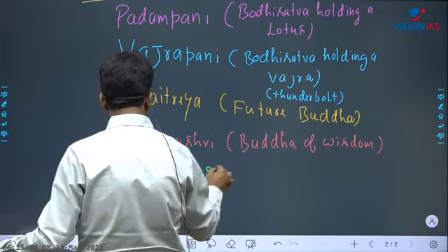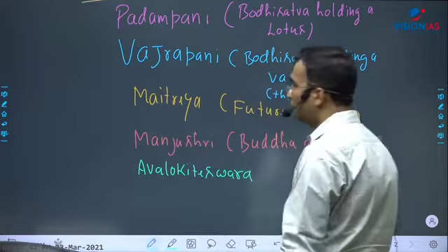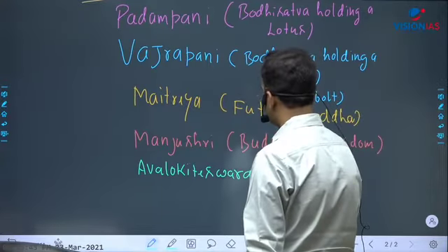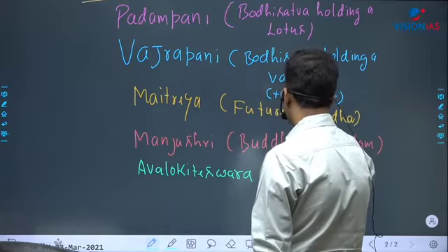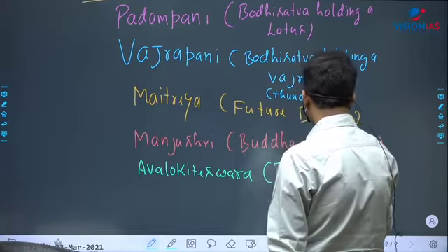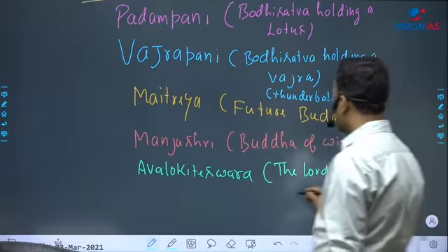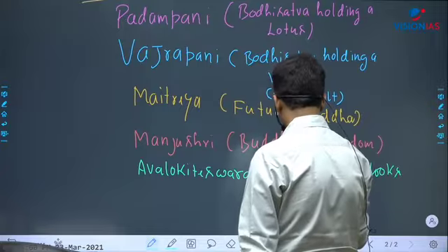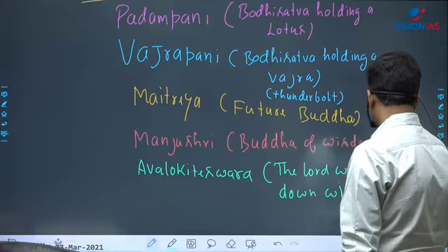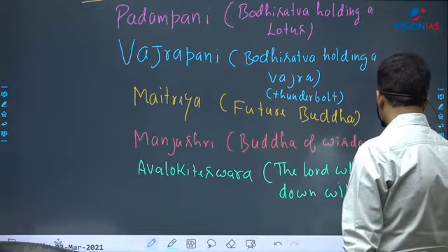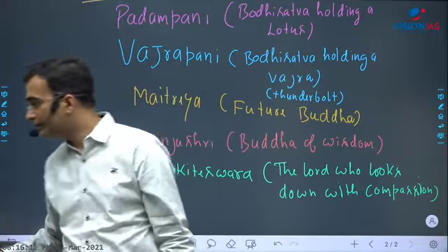It's a question which was asked, I think, in 2010. Avalokiteshwar. And the meaning of this word is the Lord who looks down with compassion. The Lord who looks down with compassion.